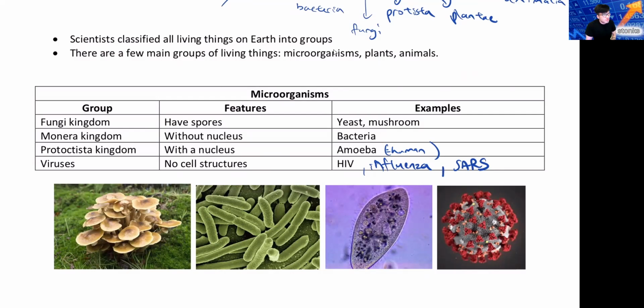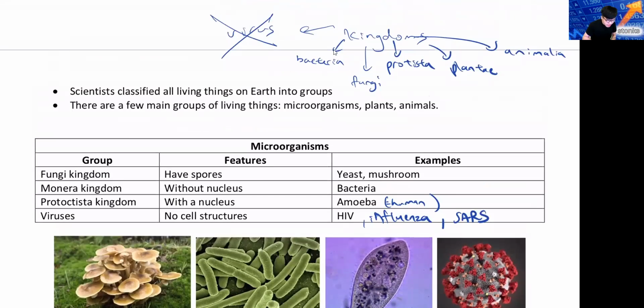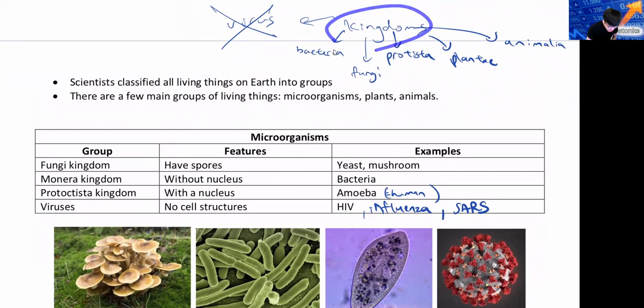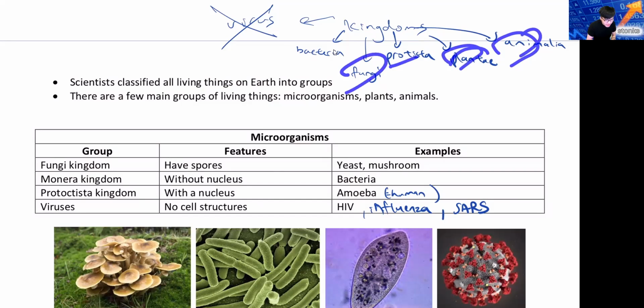There are a few groups, like I told you last week. The first thing that scientists classify things into is called kingdom. You have Animalia, Plantae, which is plants and animals, Protista, fungi, and bacteria.